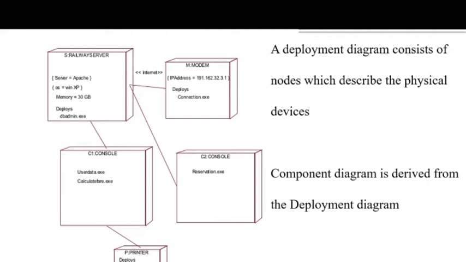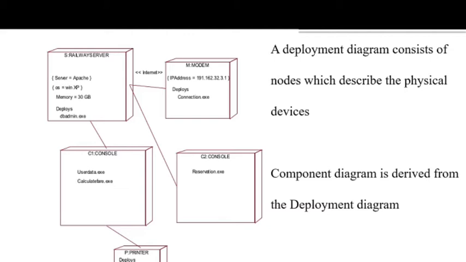And here in the deployment diagram for our example of an online ticket reservation system, that is the railway reservation system, we have the railway server right here, and we have a modem which connects the railway server to the internet.